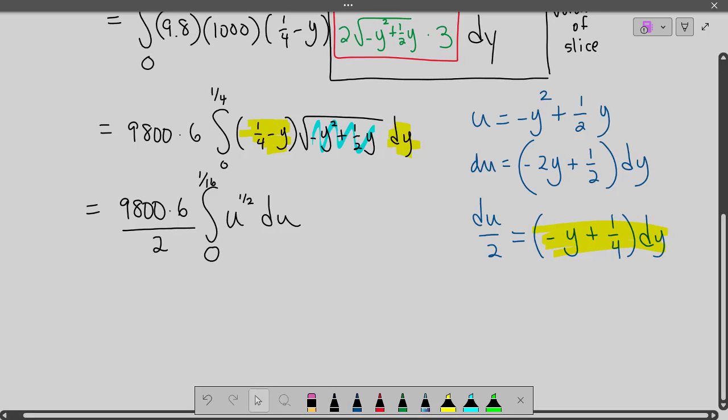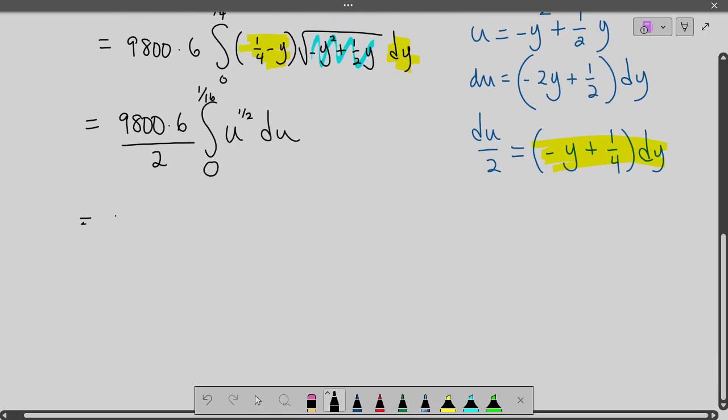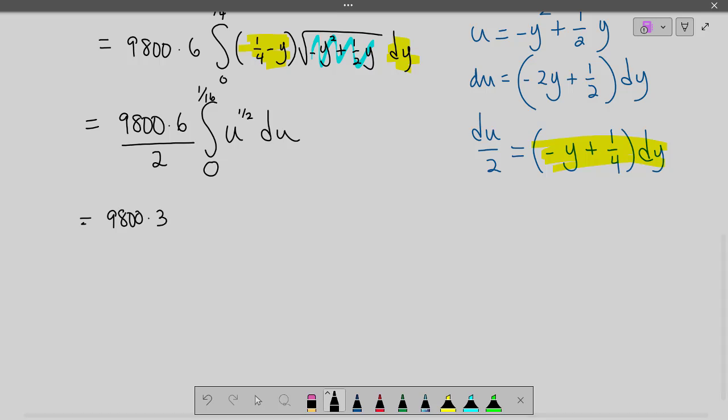Okay. So this is going to give us 9,800 times 3, canceling out a factor of 2. This is going to be u to the 3/2, adding 1 and dividing by the new exponent, and our limits of integration will be 0 to a 16th.